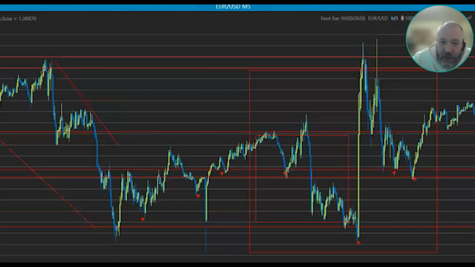And then on the 5-minute, more of the same evidence, right? Still tested these highs, gone into consolidation, and we do have strong downward pressure that we're having to take account of. So what was more my bias was to the downside, right?